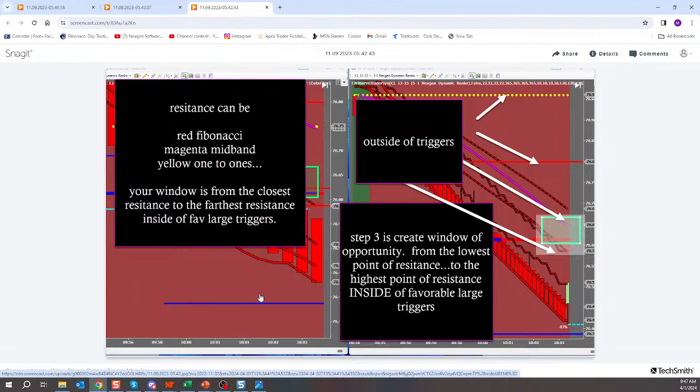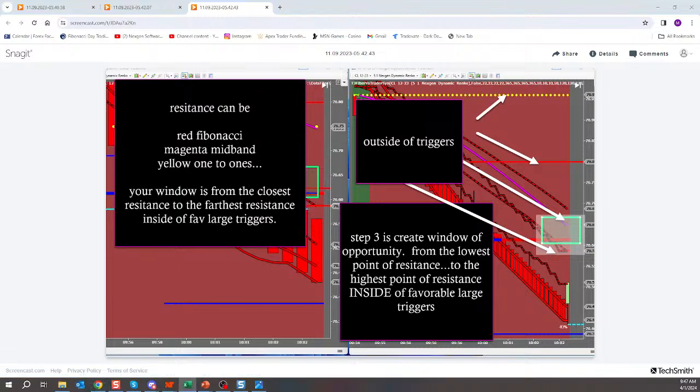The highest can be the same. But from this lowest point, this fib, to this midband, this shaded area represents where the market is most likely to continue. You have pinpointed with pretty awesome accuracy where that downtrend should continue, where that momentum should be able to bounce. This becomes your entry point.